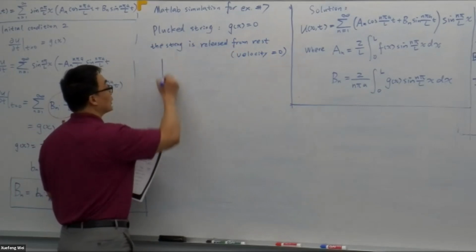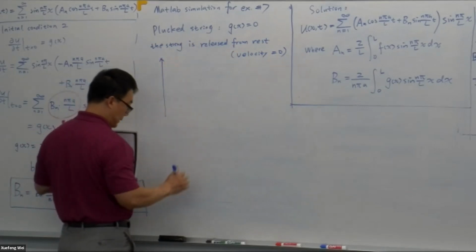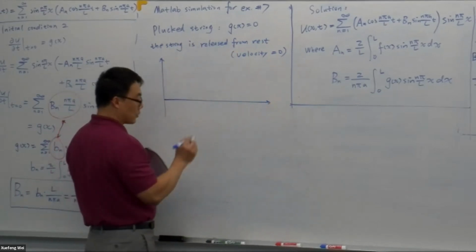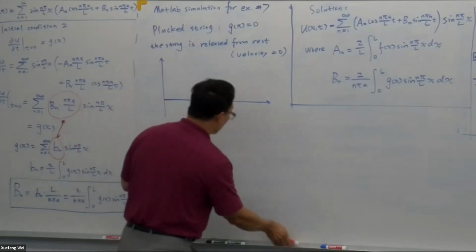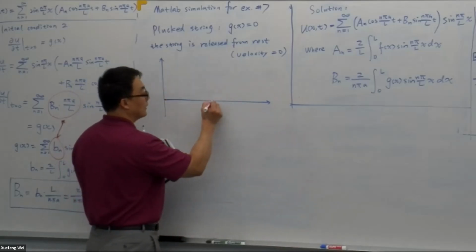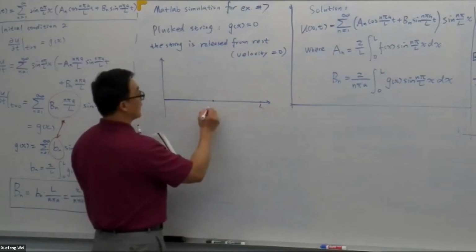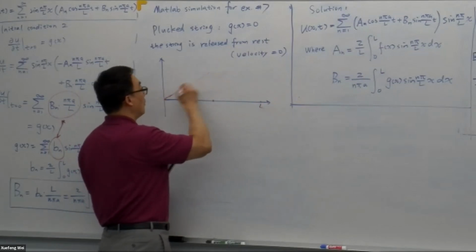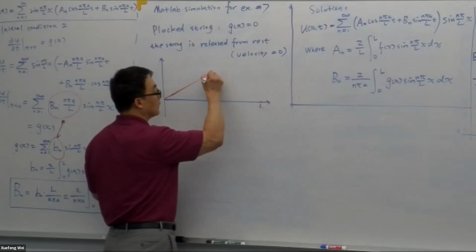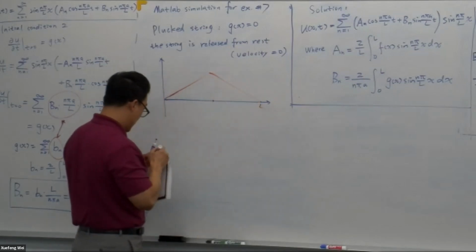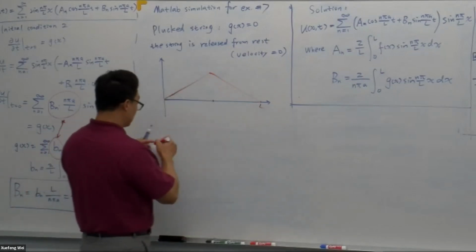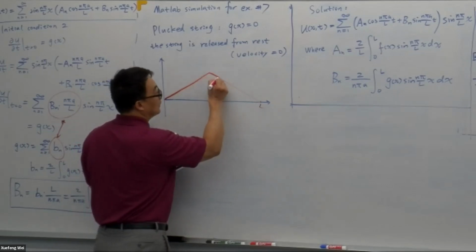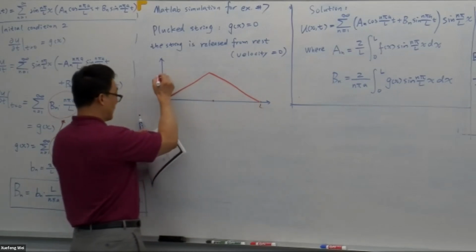So the string initially is this one. Think about using your hand to pick up the string in the middle. This is L, this is 2L. You pick up the string in the middle and raise it to a height of 1.